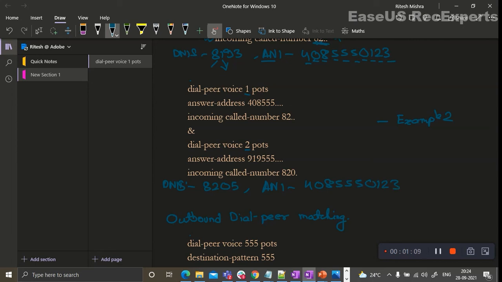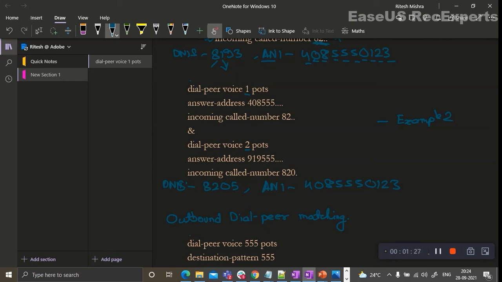So suppose someone calls having a called number 8205 and a calling number 4085550123. Now let's see which dial pair will be selected and why.